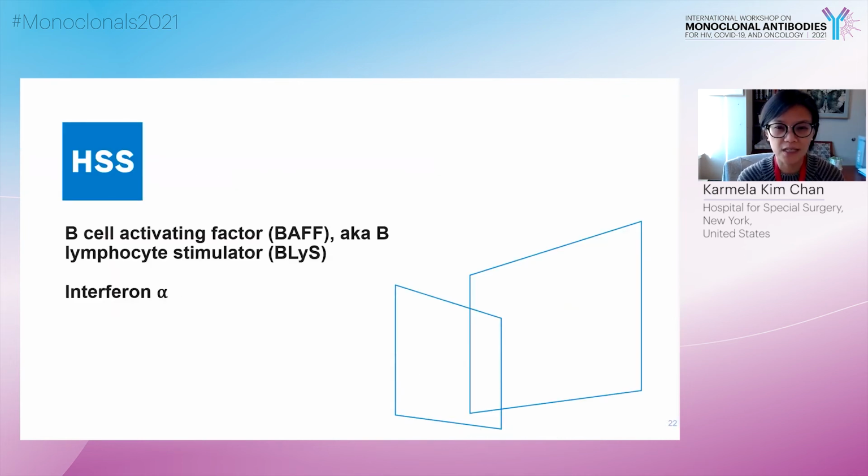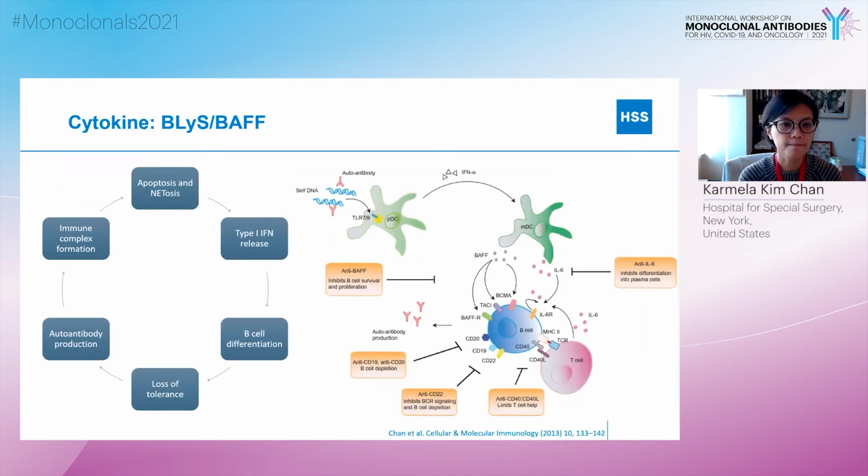Switching gears slightly, the next two cytokine targets are relevant to the management of SLE. These are B-cell activating factor, or BAFF, also called BLyS, and interferon alpha. Beginning in the early 2000s, it became apparent that patients with SLE had a pronounced interferon signature, and that type 1 interferon signaling is associated with increased disease activity.